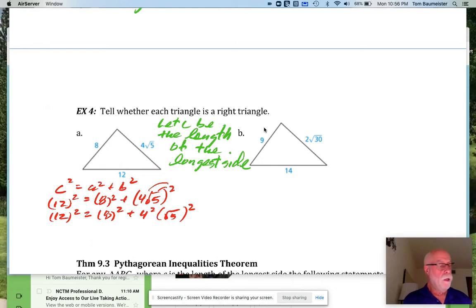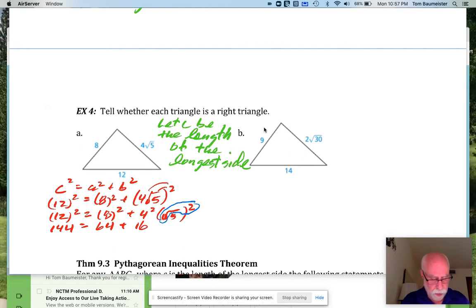Okay, so 12 squared is 144. 8 squared is 64. 4 squared is 16. And let me write my 16 a little better. And remember, the square root of a number squared is just the number. So these two kind of cancel each other out, and what's left underneath is the 5.